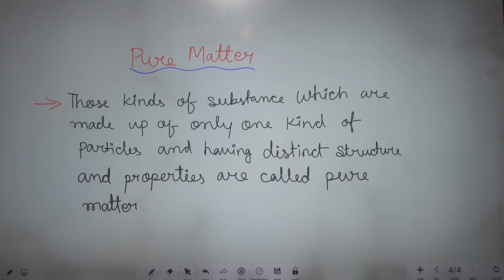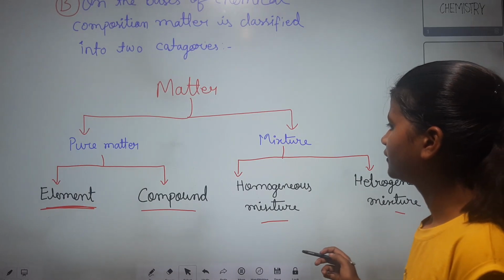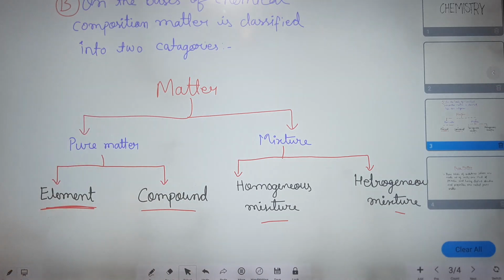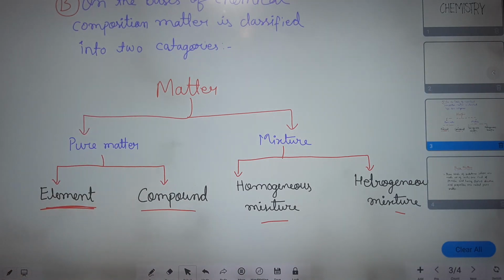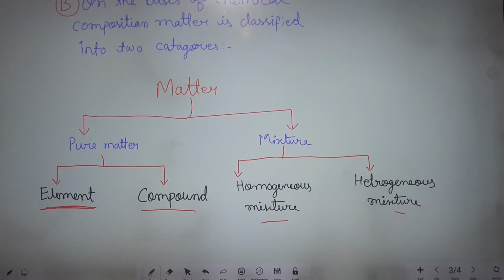And we all know that there are two kinds of pure matter. First one is element and compound. Let's see what is element.